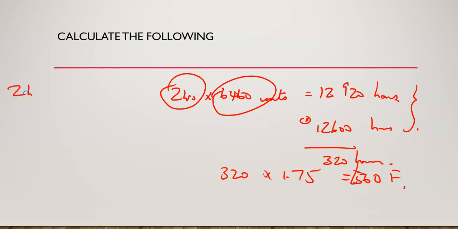You believed somehow that you were going to make 6,560 units, and you needed 2 hours for that. So your plan was to go out there and find basically 2 times 6,560, which is 13,200. That was your plan, to go out there and get 13,200 hours. But you only had 12,600 hours.